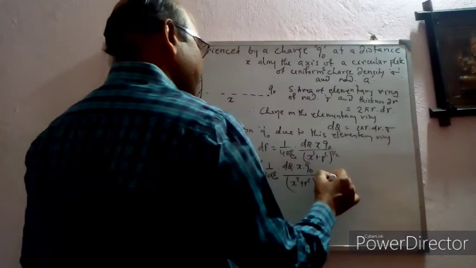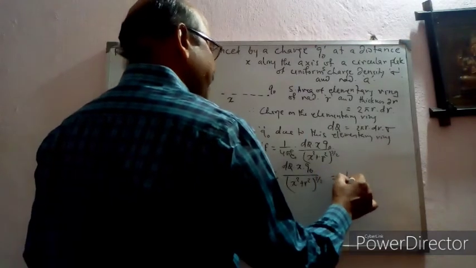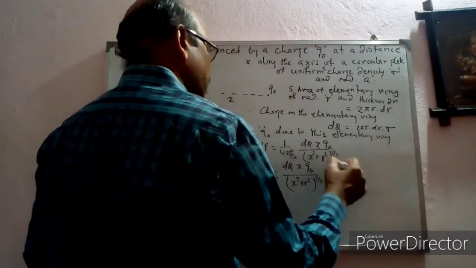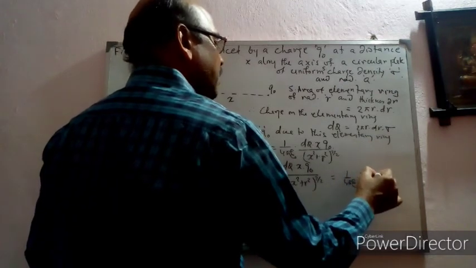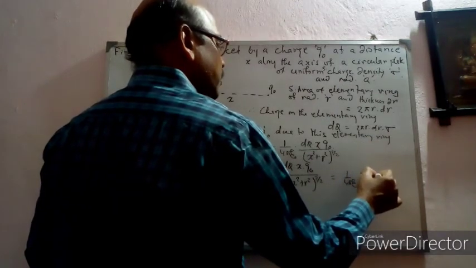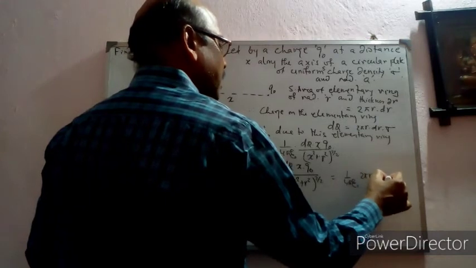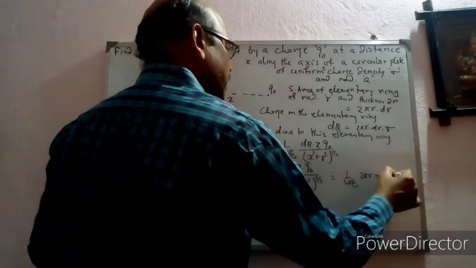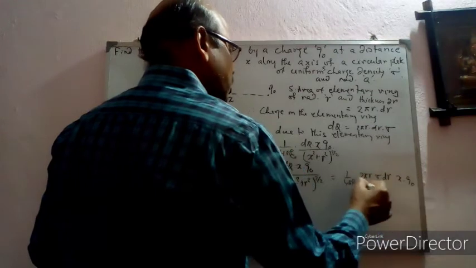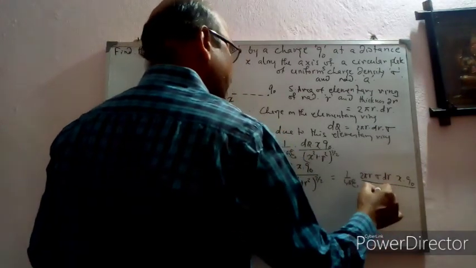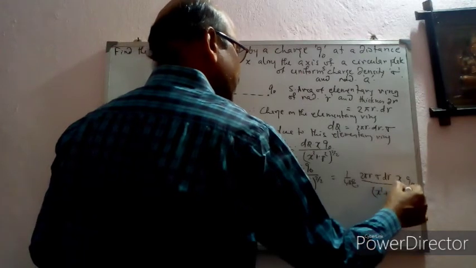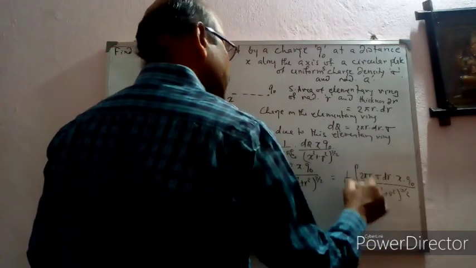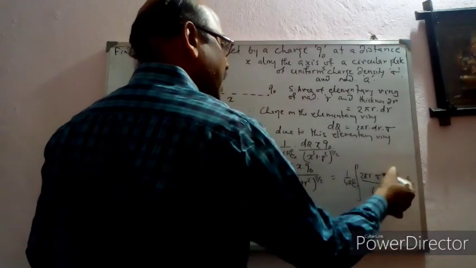So I can write 1 by 4 pi epsilon naught, put the value of dq, where dq is 2 pi r sigma dr, into x into q naught divided by (x square plus r square) to the power 3 by 2, integration, and here dr is variable.